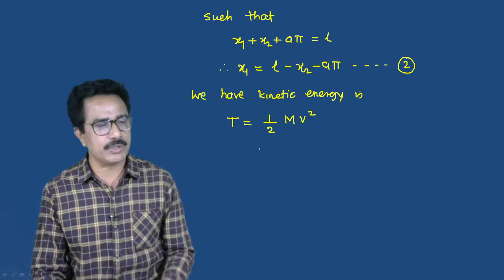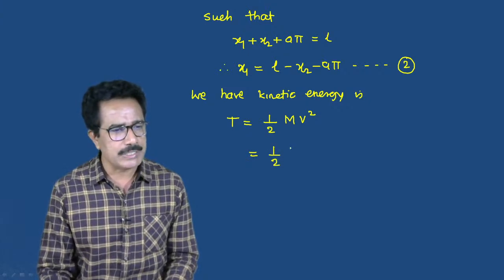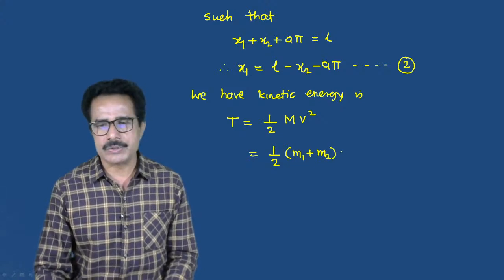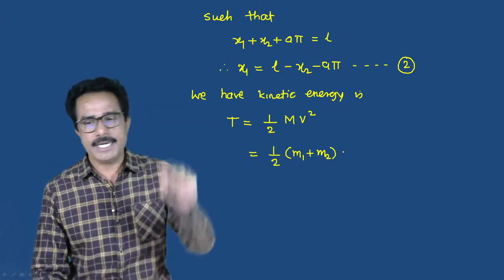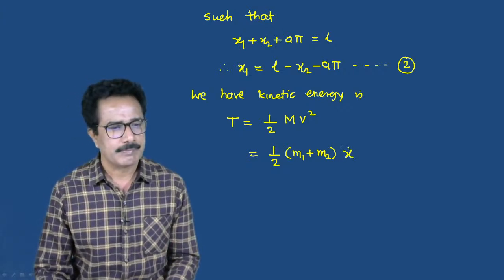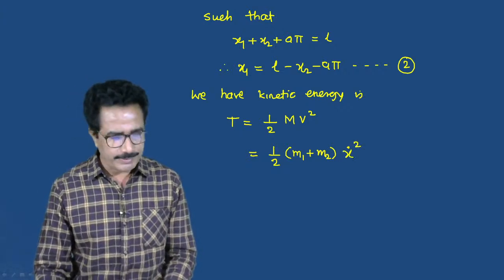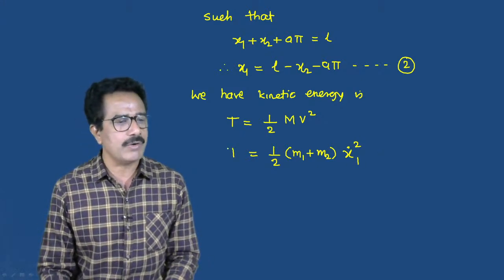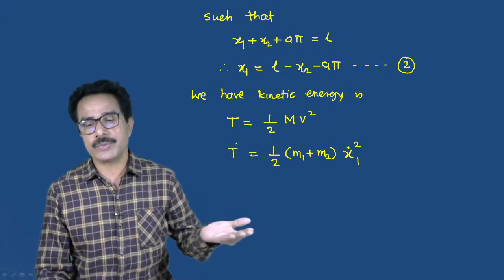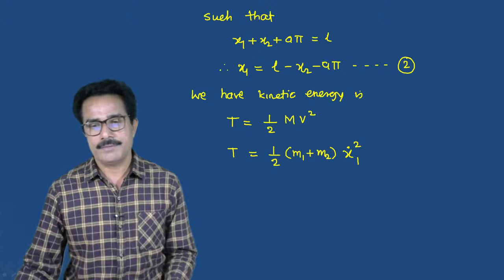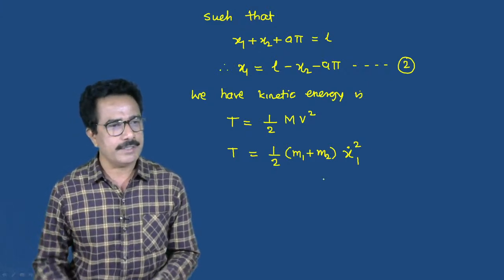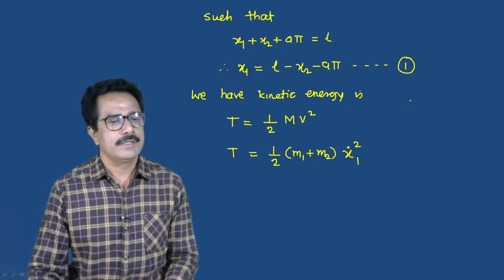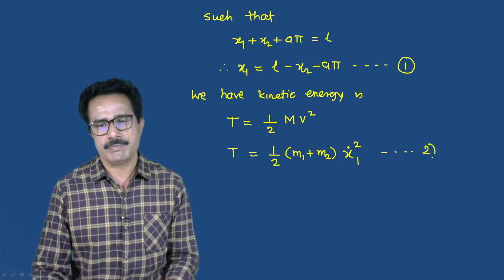Capital M means the addition of both masses, that is 1 by 2 (m1 plus m2) into V square, where the velocity V square is a x dot square, or x1 dot square. We can write this as x1 dot square, because x2 can be measured in terms of x1. Suppose this is equation 1, we shall write this equation 1, and we shall write equation 2 next.